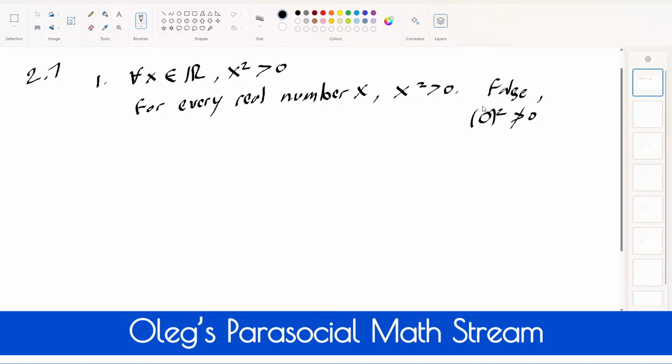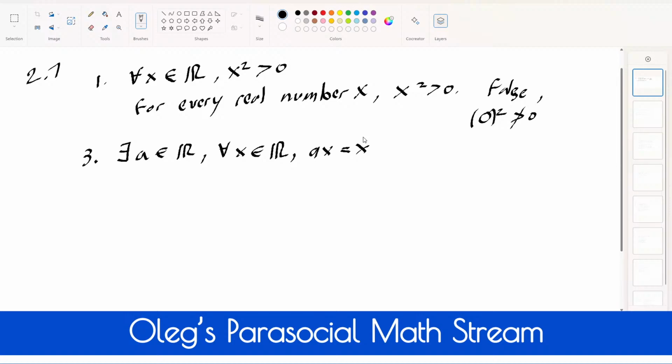Let's continue. All right. There exists a real number A, such that for all real numbers x, A times x is equal to x.